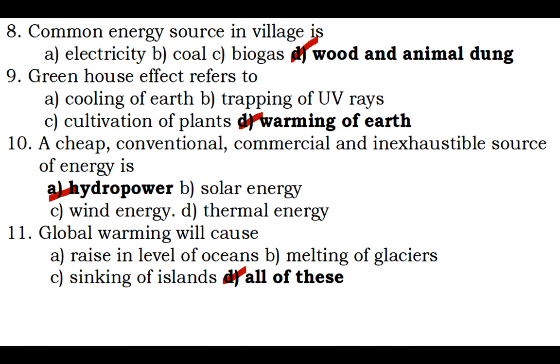Question number 10. A cheap, conventional, commercial and inexhaustible source of energy is. Option A, hydropower. Question number 11. Global warming will cause. Option D, all the above, that is rising level of oceans, melting of glaciers, sinking of islands.